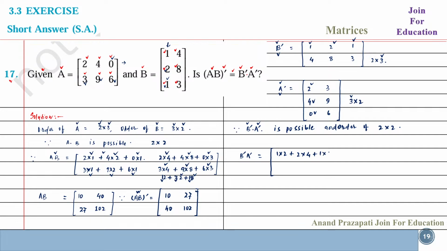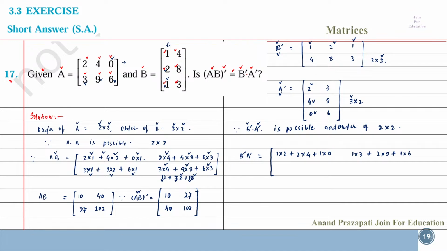Again the first row multiplied by the corresponding elements of the second column, then we get 1 into 3 plus 2 into 9 plus 1 into 6. After that there is no problem to understand up to this step.